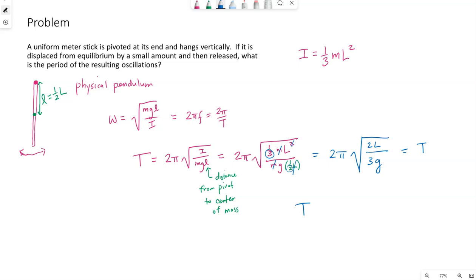So now I can plug in my numbers. The length, 1 meter, since we're dealing with a meter stick. g, 9.8 meters per second squared.